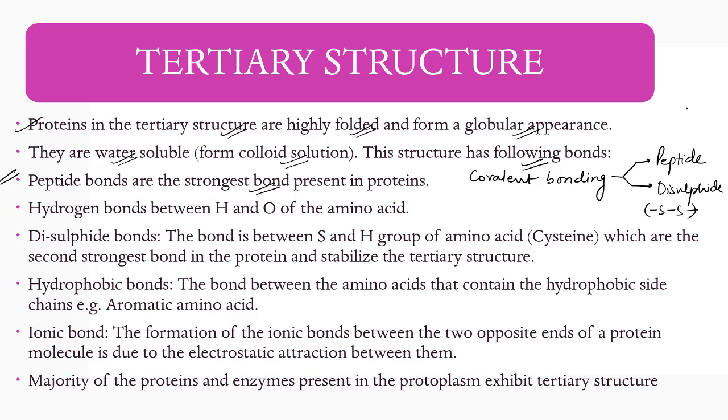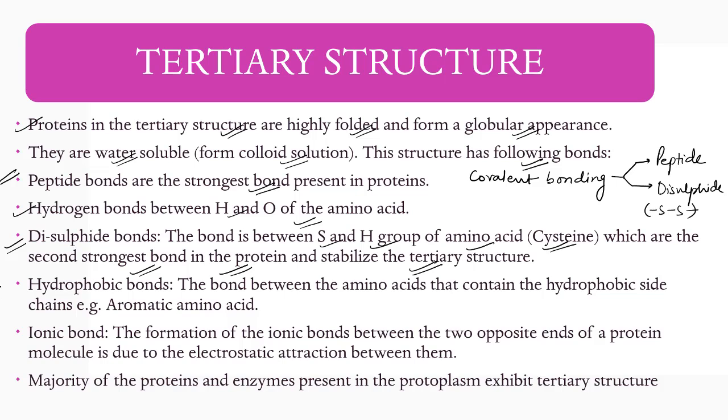So peptide bond and disulfide linkage are the two types of covalent bond which are the strongest in protein structure. Hydrogen bonds between hydrogen and oxygen of amino acids are weak in comparison to the covalent bonds. Disulfide bonds, the bond between sulfur groups of amino acids, especially cysteine, are the second strongest bond in the protein and stabilize the tertiary structure. So the first strongest bond is the peptide bond, then the disulfide bond, then the ionic bonds.